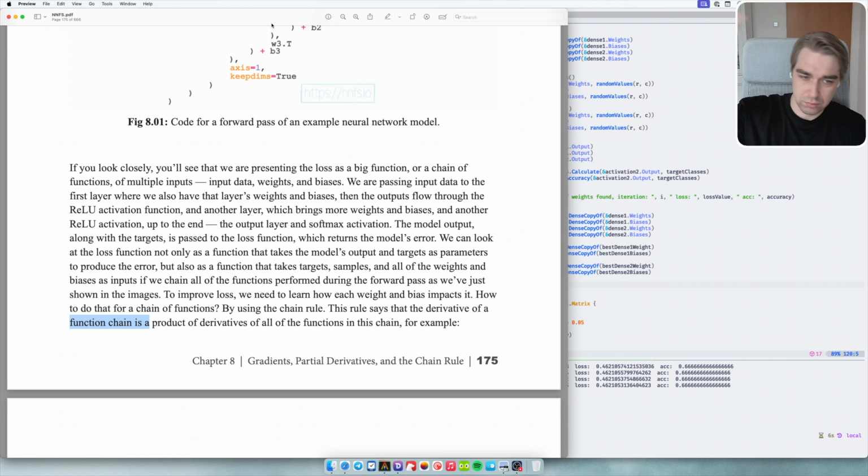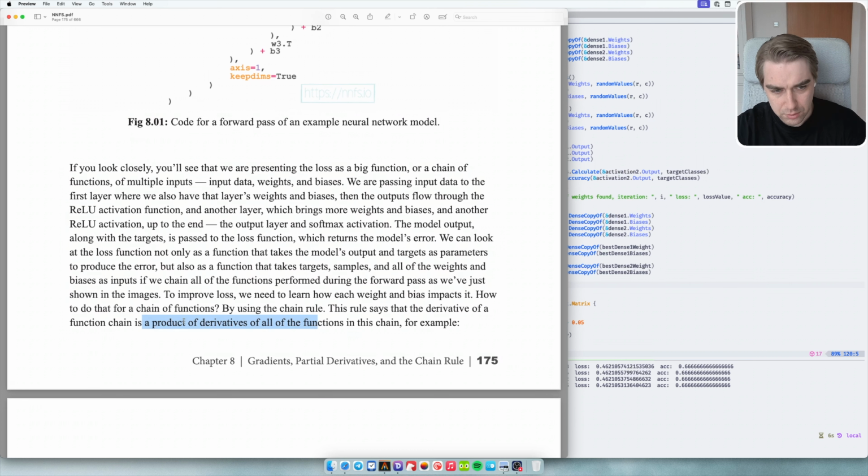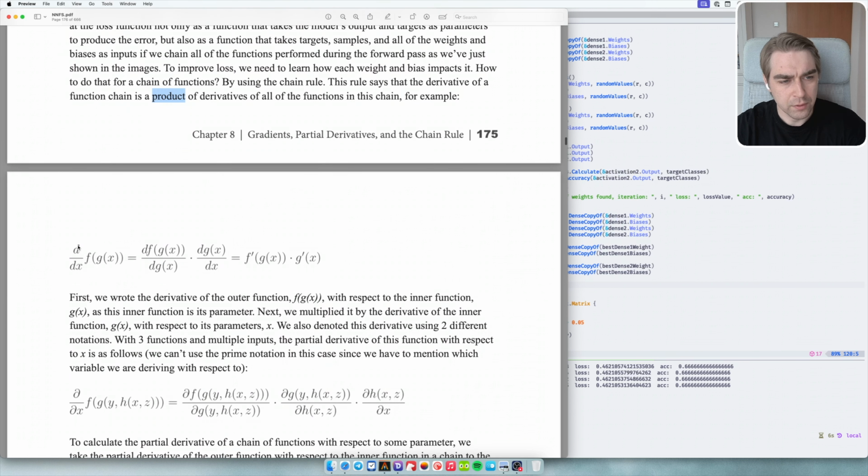In our case, the derivative of the network is the product of the derivatives of all the functions. What do we mean by product? It's like the matrix product. For example, we have d over dx of f from g from x.